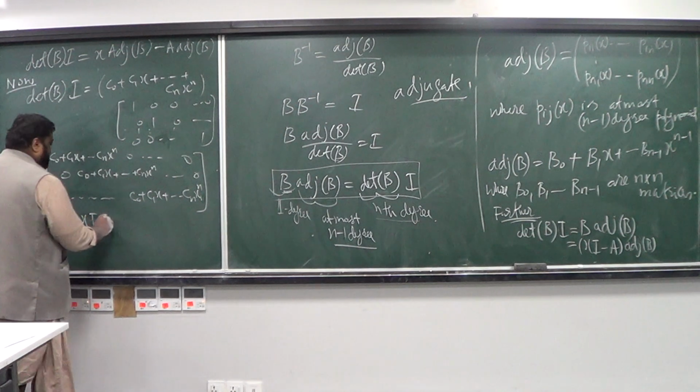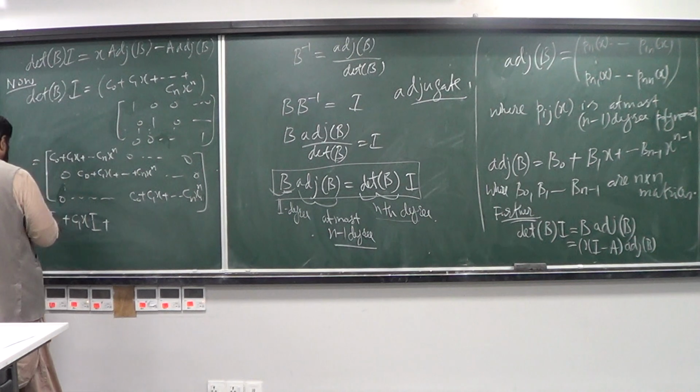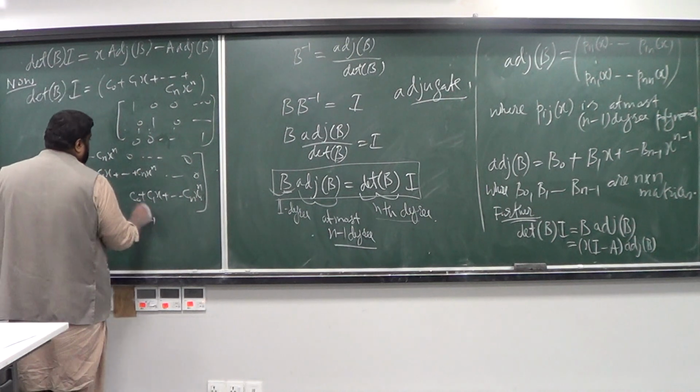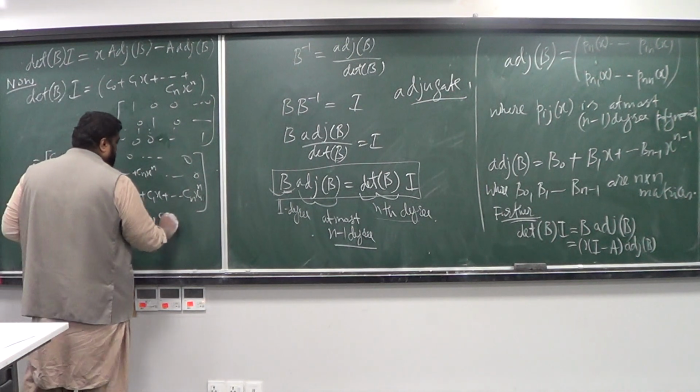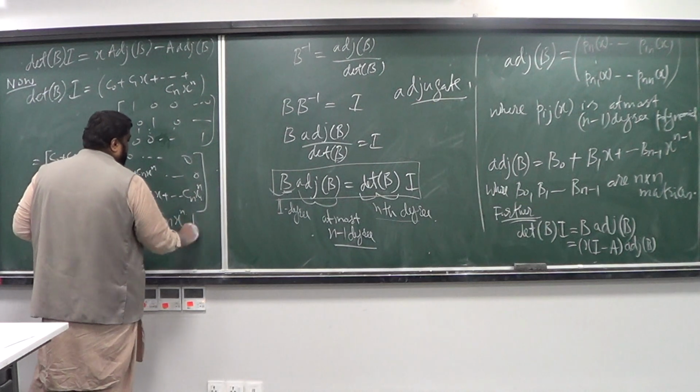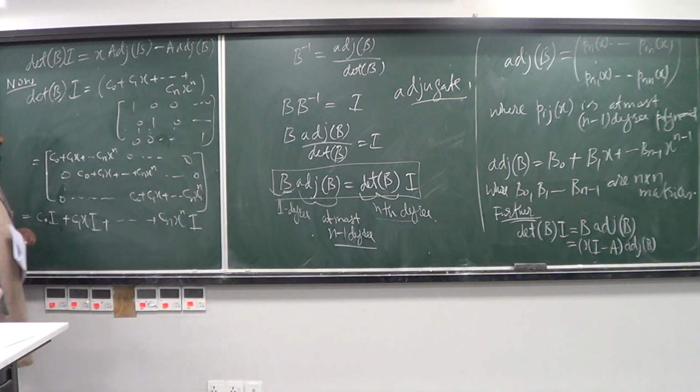And similarly, I can take the last coefficient and say Cn x to the power n multiplied with the matrix I.